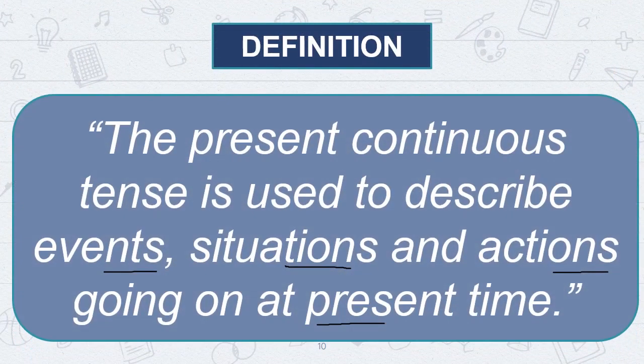Definition: the present continuous tense is used to describe events, situations and actions going on at present time. I repeat, the present continuous tense is used to describe events, situations and actions going on at present time.